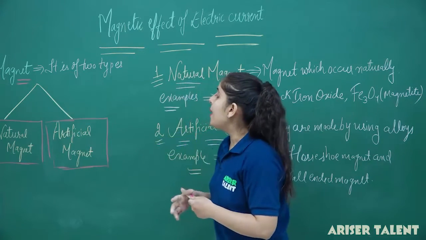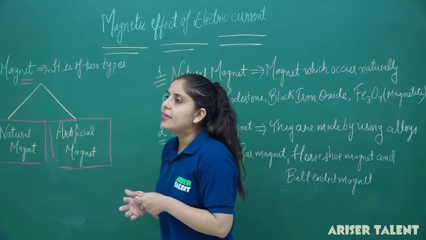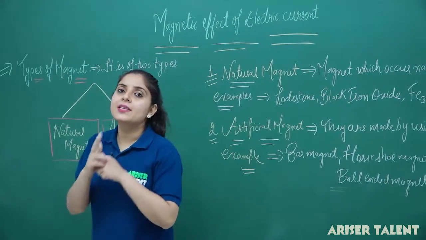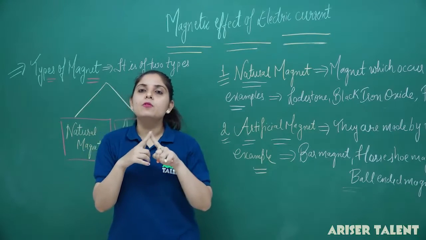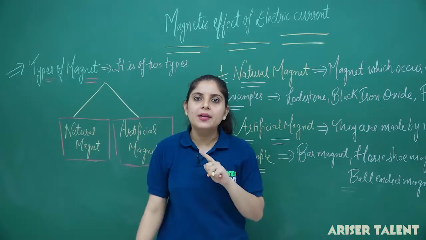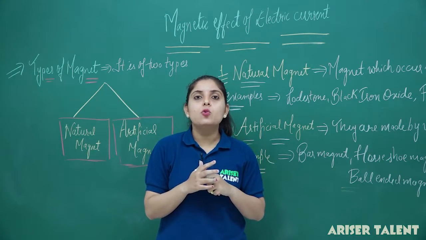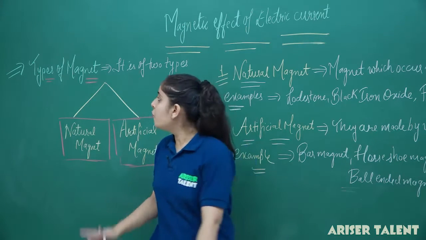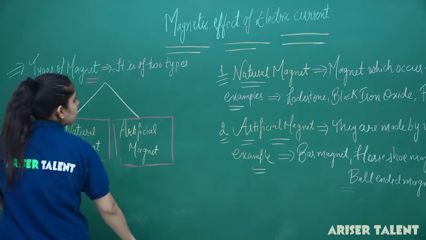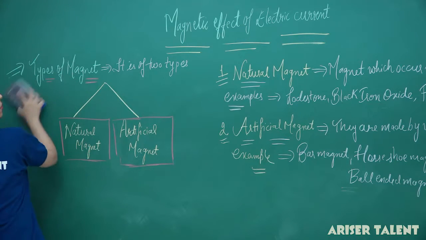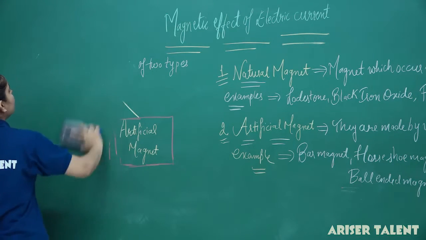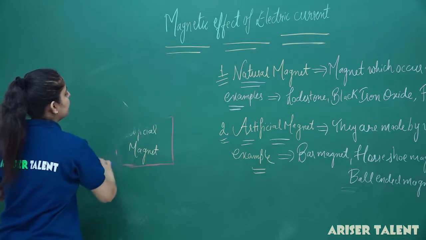Now the magnet also has a property that it is going to exhibit two properties. The name of the first property is the directional property and the other property is known as the attractive property. So what are the two properties of the magnet? So let's discuss the properties of the magnet.